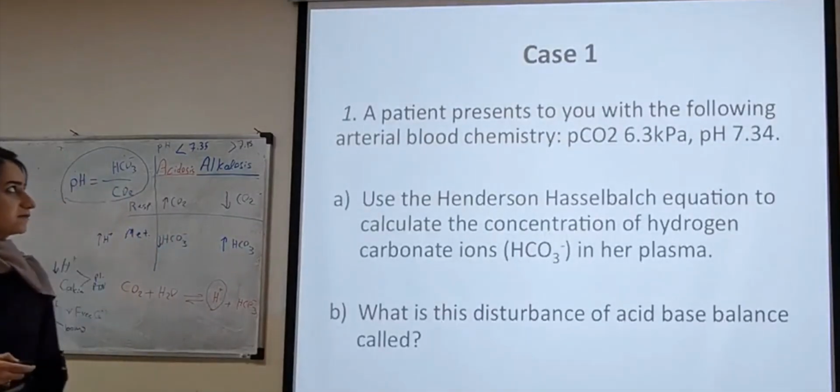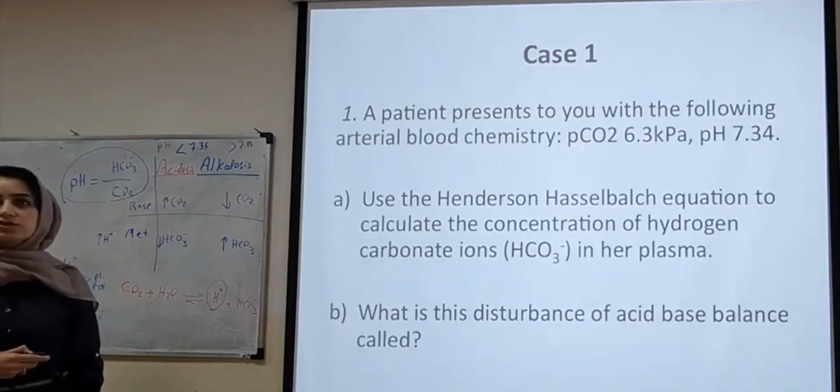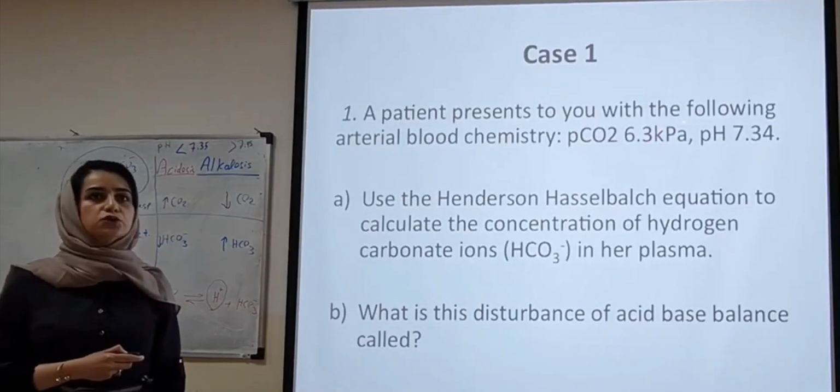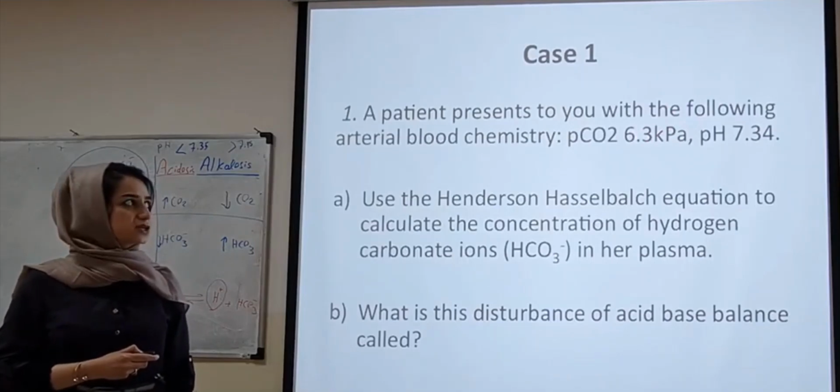So for the first case, a patient presents to you with the following arterial blood chemistry. PCO2 is 6.3. What was the normal range? 4.7 to 6 kilopascal. So the CO2 has increased, 6.3, slightly above normal.